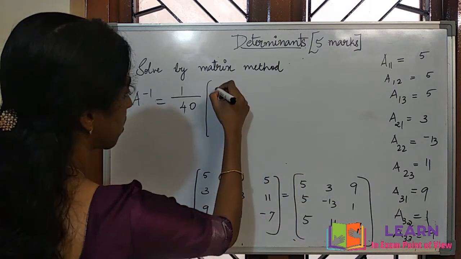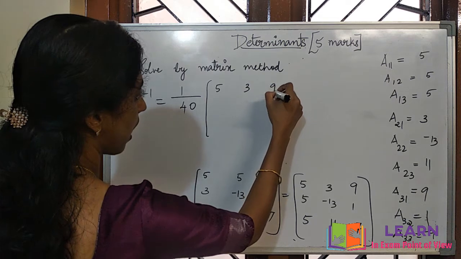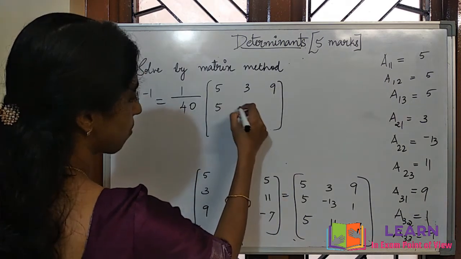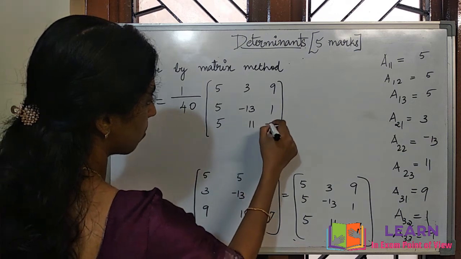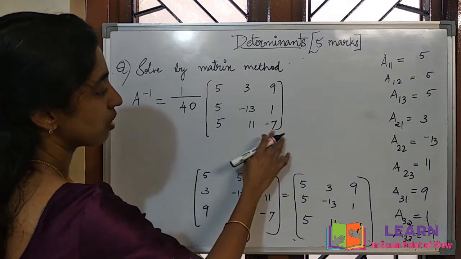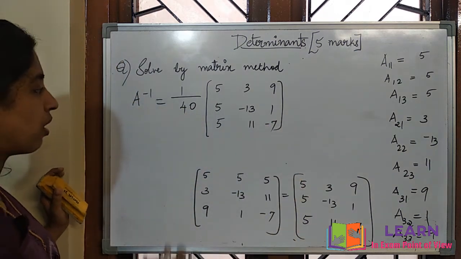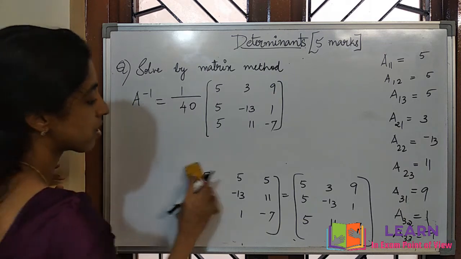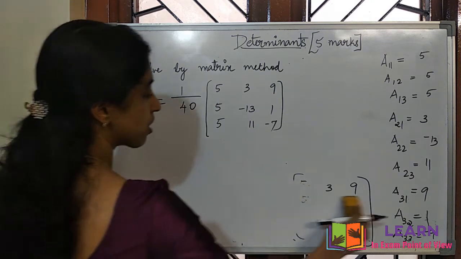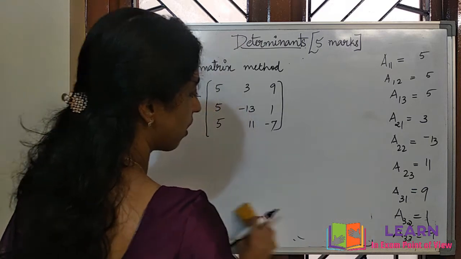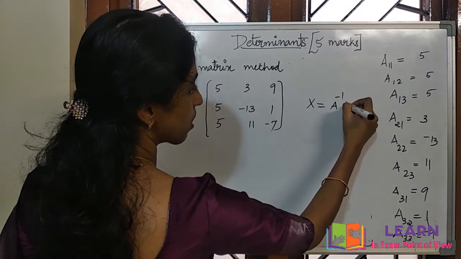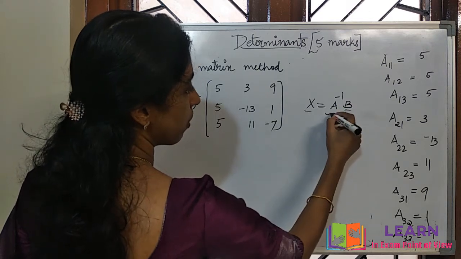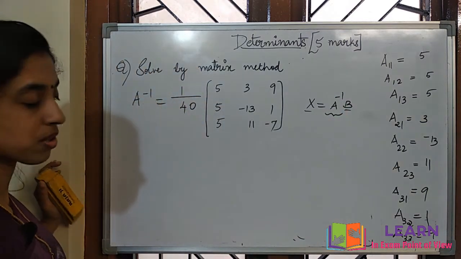Okay, so this is the adjoint A. We have now got A inverse. Now we have to substitute in the earlier equation. That is, the solution is x equal to A inverse B.